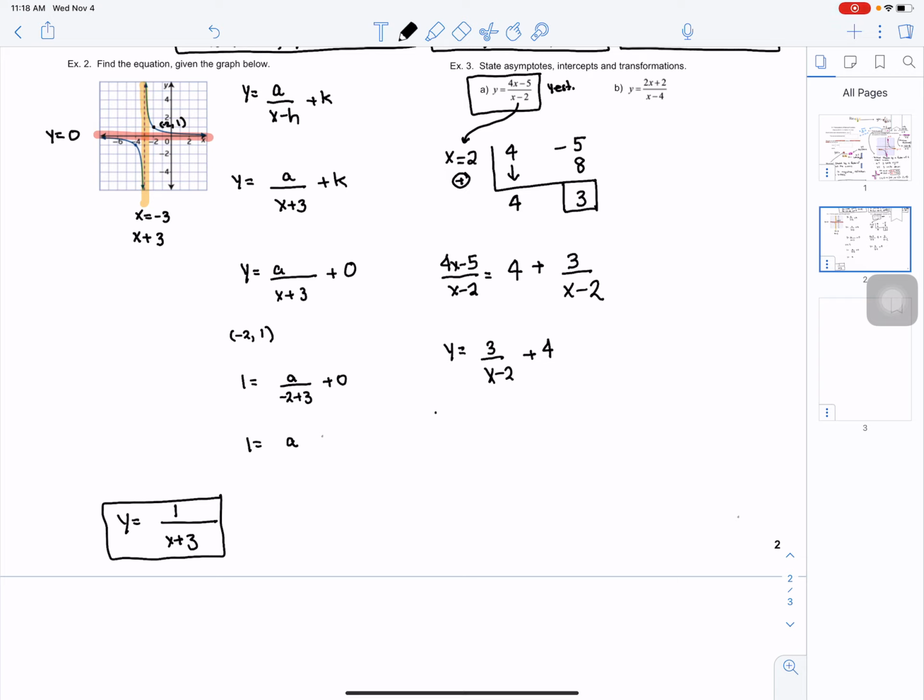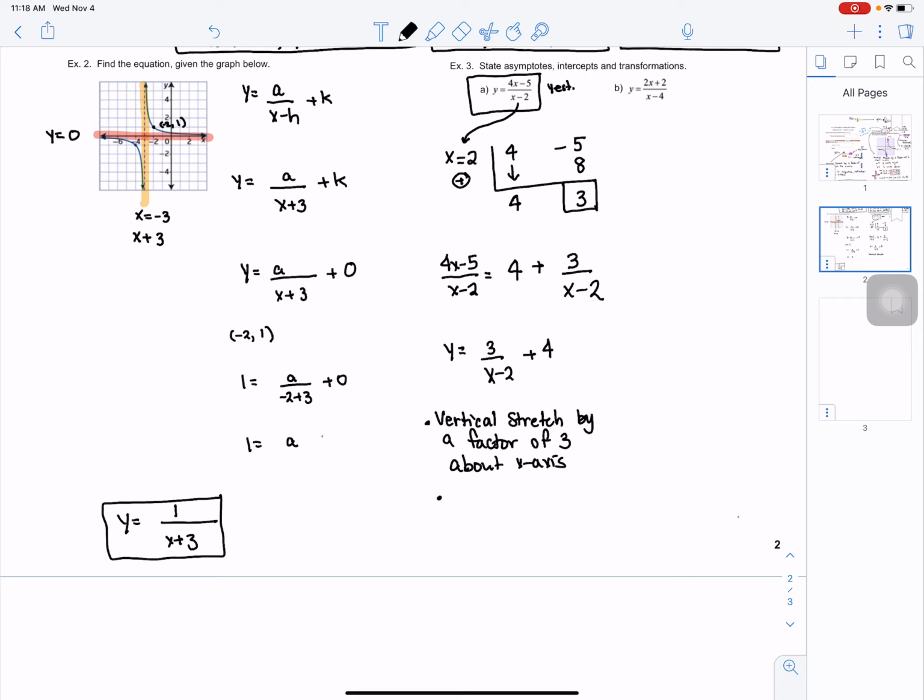So it asks us to describe the transformations: vertical stretch by a factor of 3 about the x-axis. That's my a value.